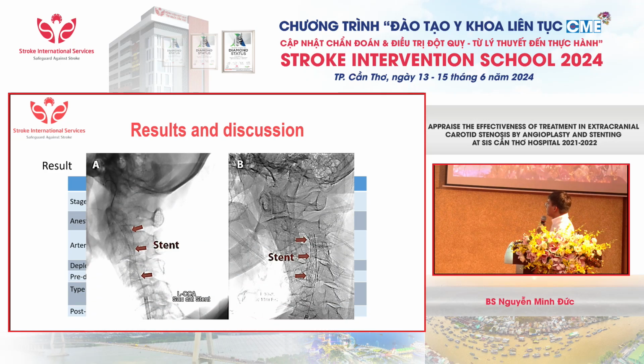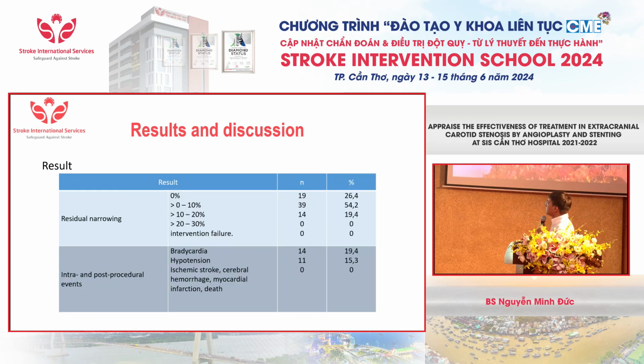Here is the procedure. In the results of the intervention treatment, the residual narrowing was almost below 20%. There was no case of intervention failure. The intra- and post-procedure events included no ischemic stroke, hemorrhage, MI, or death.